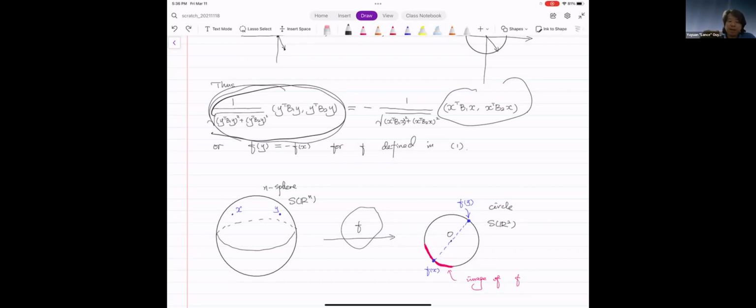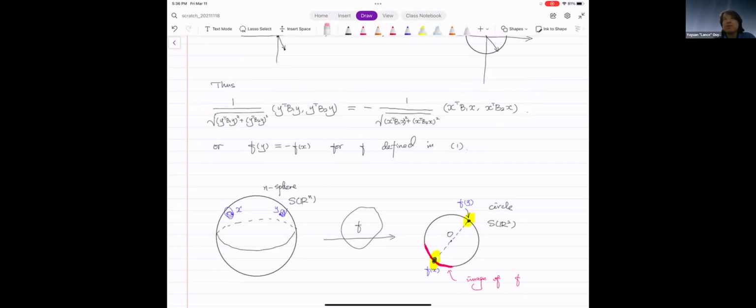The reason is because I pick X as a point on the n sphere, Y as a point on the n sphere, and by the counterexample I assumed in Brickman's theorem, the image of X in the circle and the image of Y in the circle, so this point and this point, are going to be opposites of each other on the circle.